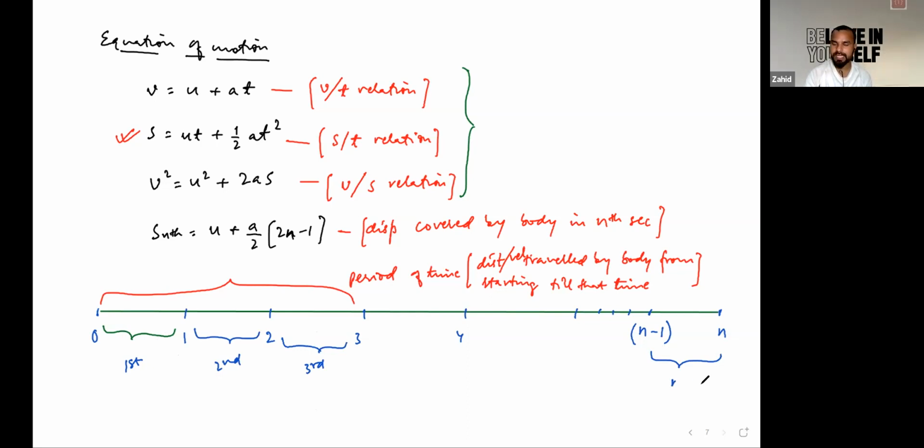This interval is termed the nth second. So it is defining nothing but the distance covered between two consecutive time intervals. So for this part, you use S_n.